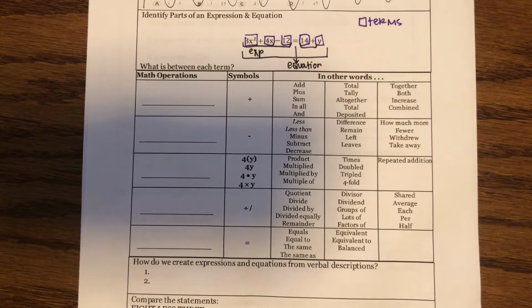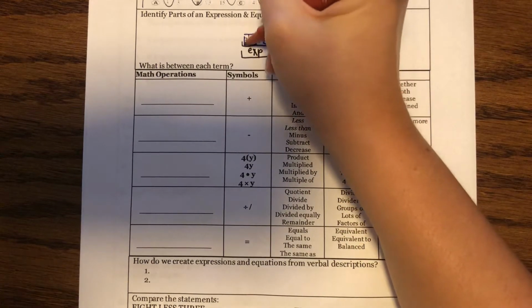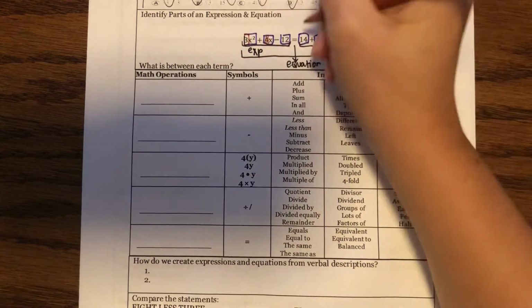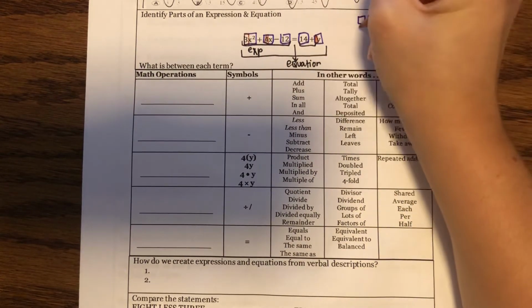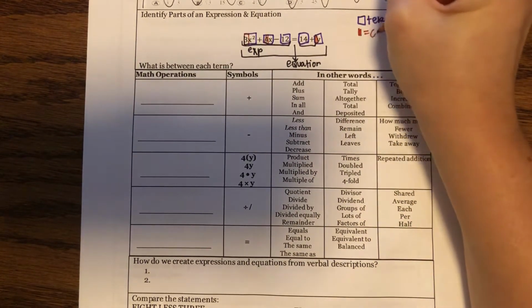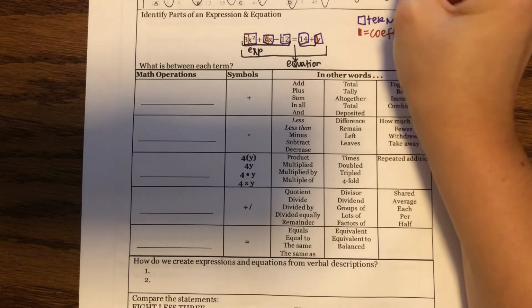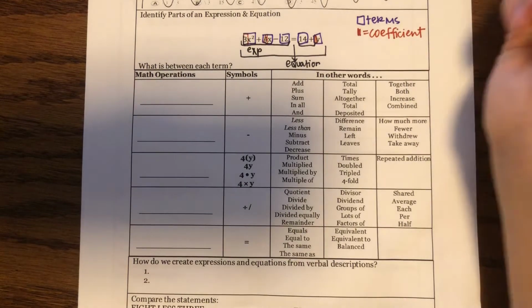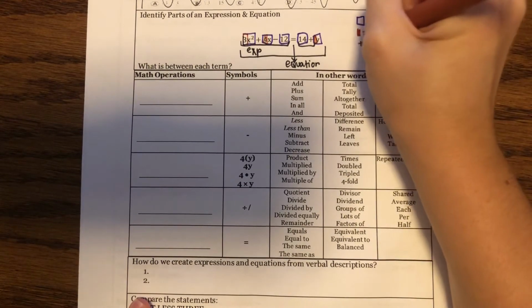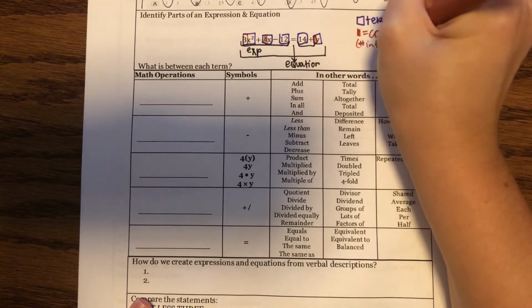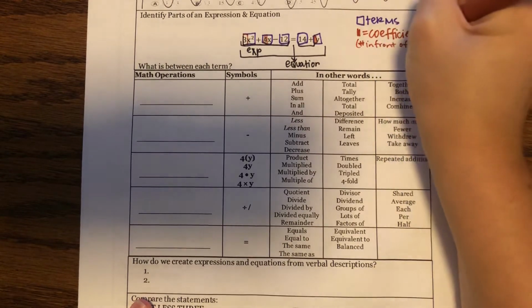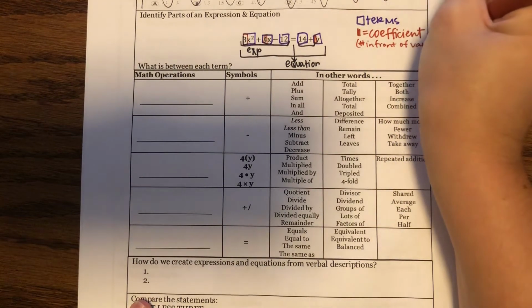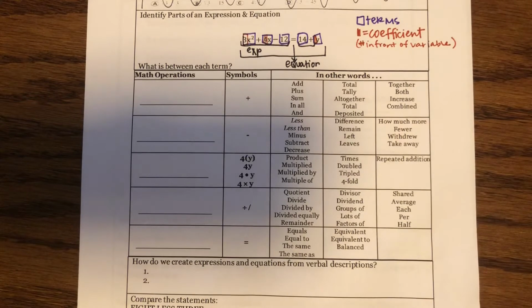We also have these numbers in front of our variables, and this is our coefficient. Our coefficient is just telling us it's the number in front of the variable. Our variables are going to be the letters.